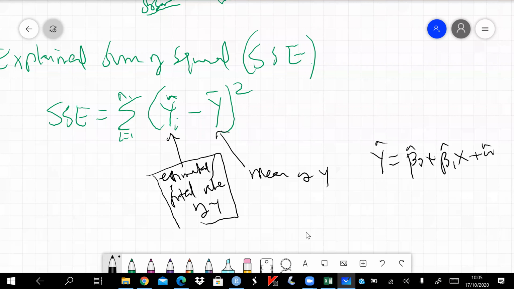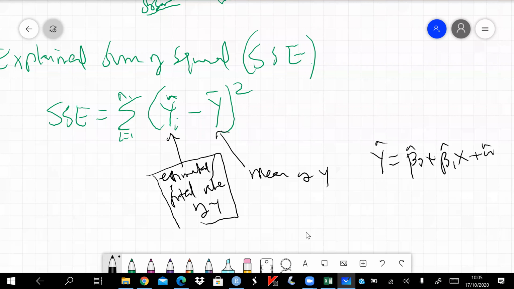I need to bring my y hat here. Let me bring my predicted values of y. Luckily, I have them.